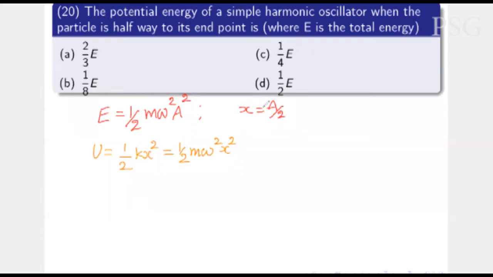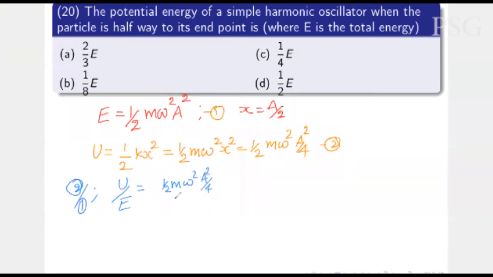So what is x? x is equal to a by 2. So we get half m omega squared a squared by 4. Call this equation 1 and this is 2. Divide 2 by 1 to get u by e equals half m omega squared a squared by 4, whole divided by half m omega squared a squared.